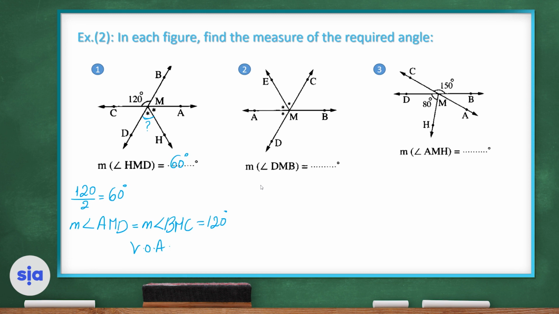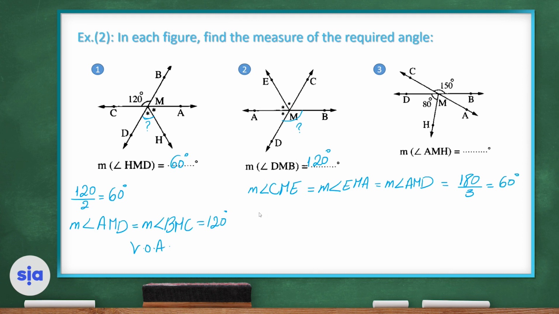Question 2. How can we find the measure of angle DMB, this angle? Angle DMB is equal to 120 degrees. Why? Because the measure of angle CME equals the measure of angle EMA equals the measure of angle AMD, and all of this is equal to 180 degrees divided by 3, which is 60 degrees.